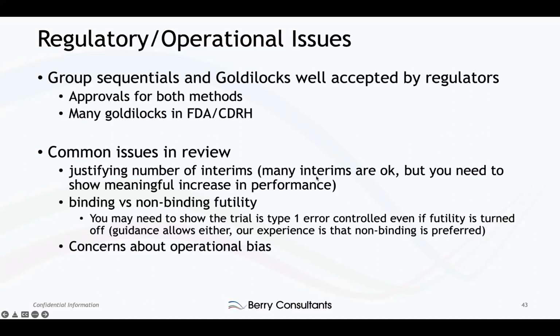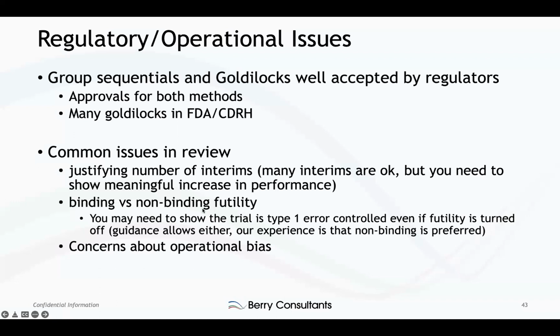You can do lots of interims. Nothing says you can't do 5 interims. But often FDA will ask you to show that they're valuable, that there is something scientifically worthwhile about doing them. That is easy enough to show.